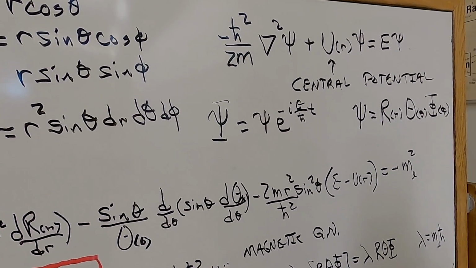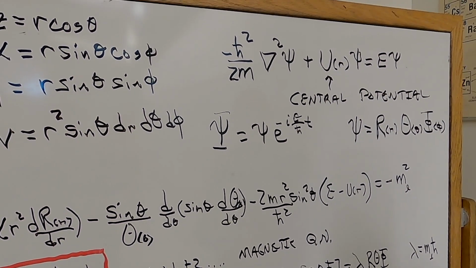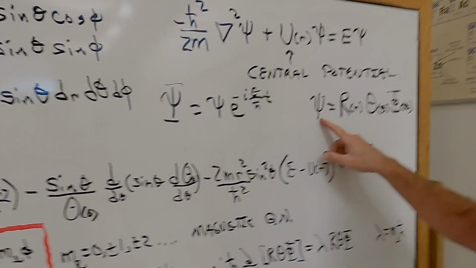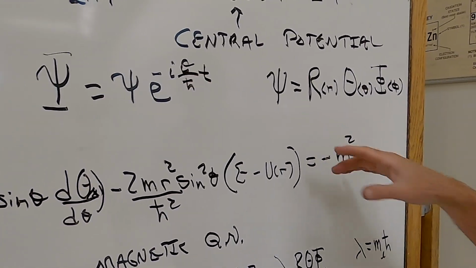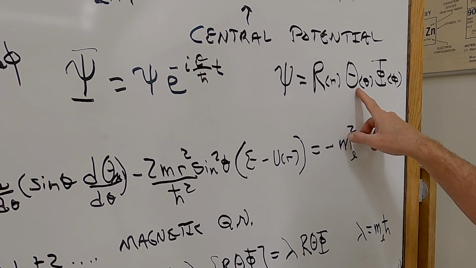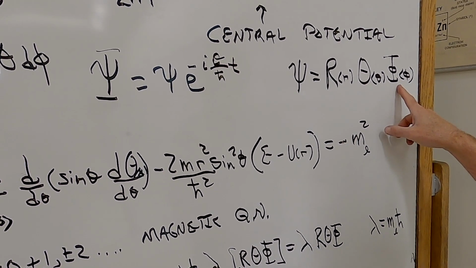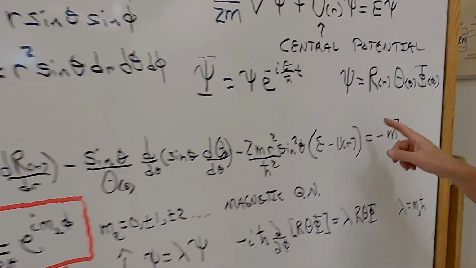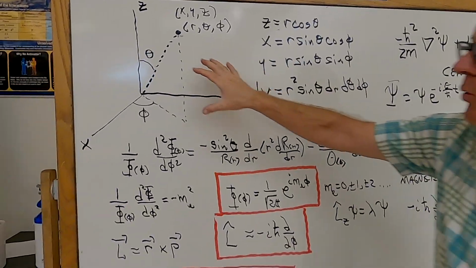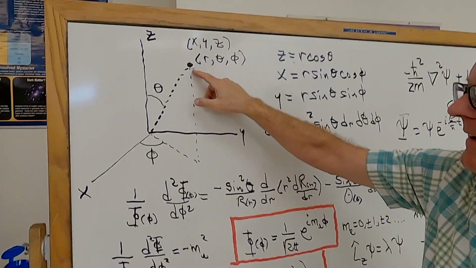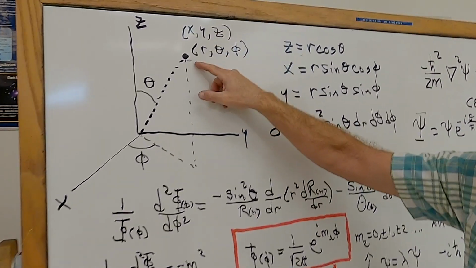And so what we did, I think 2 videos ago, we took our psi and split it up into the radial part, the zenith part, and the azimuthal part. Just to remind you, for spherical coordinates, this point out here is x, y, z in rectangular coordinates.